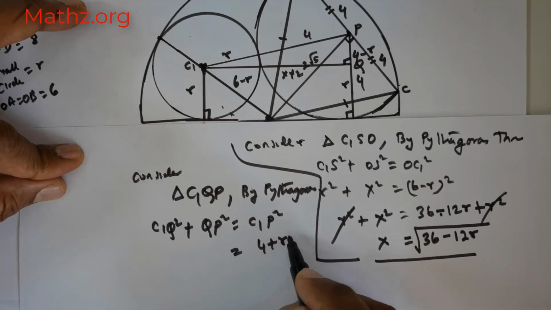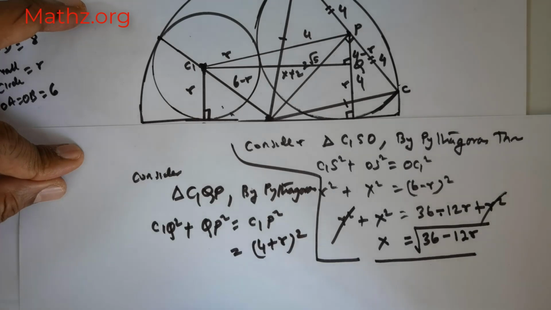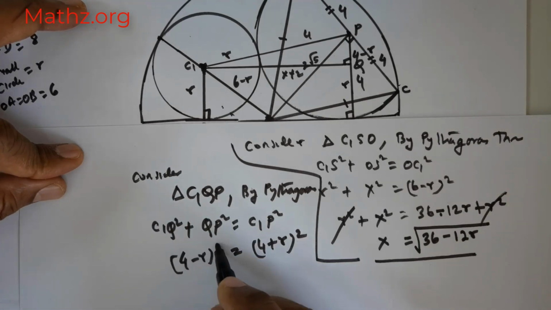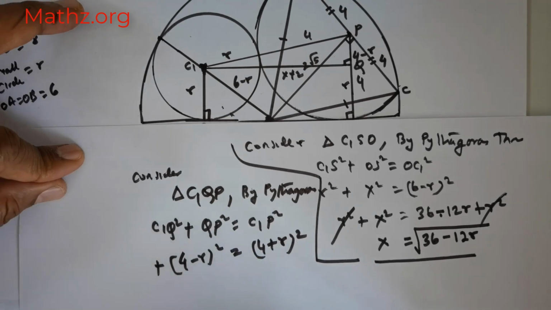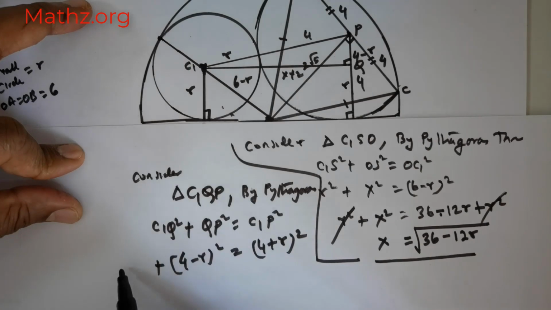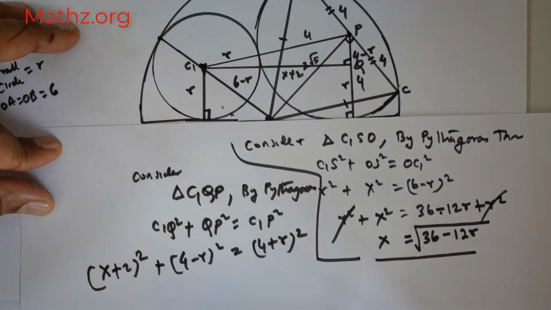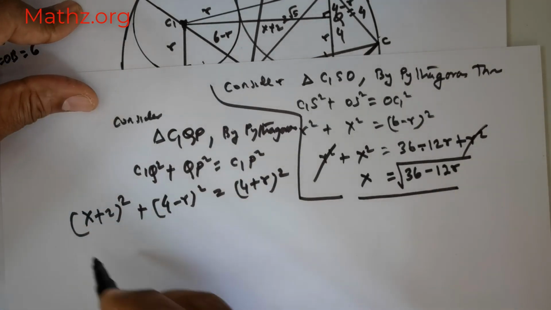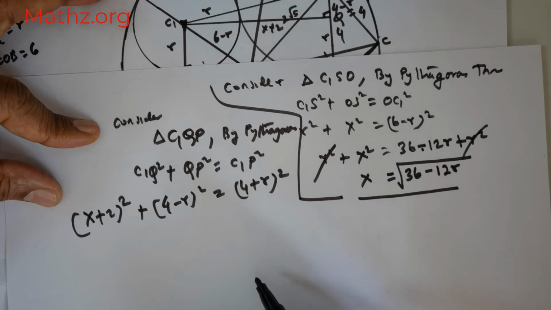C1P squared is (4 + r) raised to the power of 2, and QP squared is (4 - r) raised to the power of 2, and C1Q is (x + 2) raised to the power of 2. Okay, now x is this value, so we need to substitute that value there, and that would have to be squared.